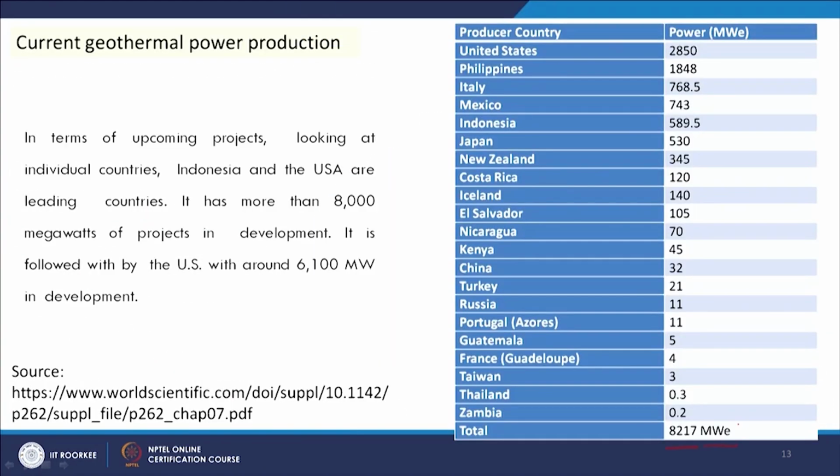Now, we will see some global electricity production from the geothermal route. In total, 8217 megawatt equivalent energy is produced. Out of these, if we think about the projects under development, we see that Indonesia and the US are in the top positions. Indonesia has more than 8,000 megawatts of projects in development.